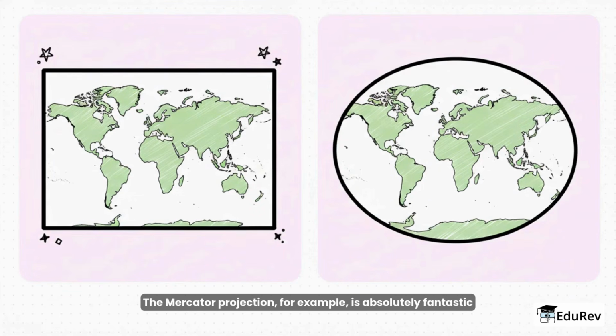The Mercator projection, for example, is absolutely fantastic for navigation because it preserves direction, but it wildly distorts size near the poles. I mean, it makes Greenland look as big as Africa, when in reality, Africa is about 14 times larger.